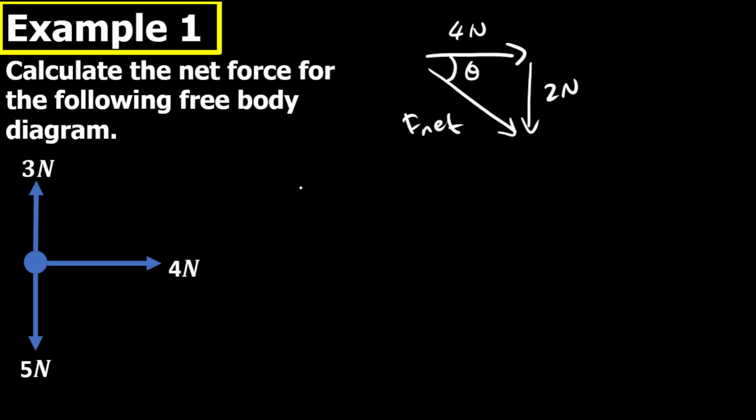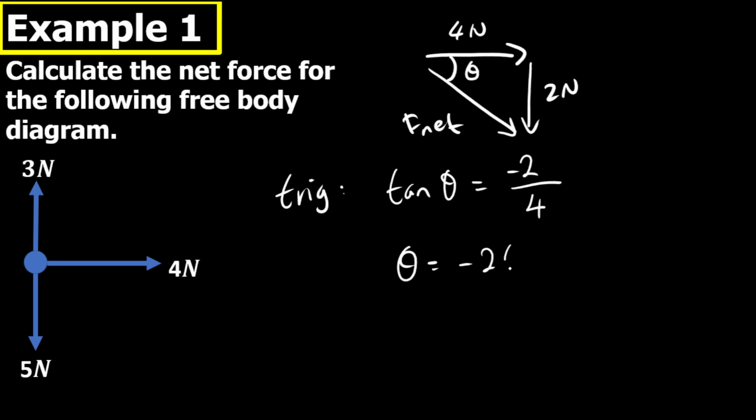To find the angle, we can use trigonometry, which tells me that tangent theta is going to give me 2 over 4, or negative 2 over 4, and my angle will be approximately negative 26 degrees.